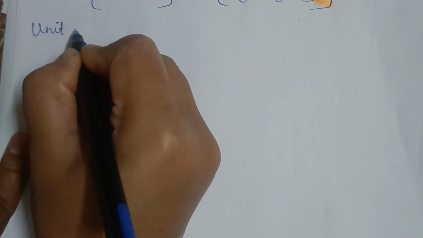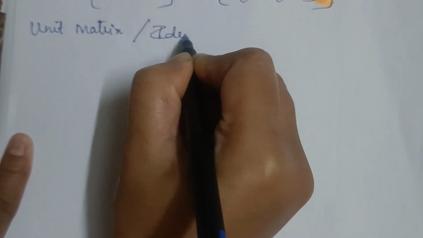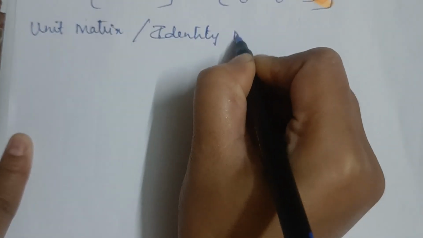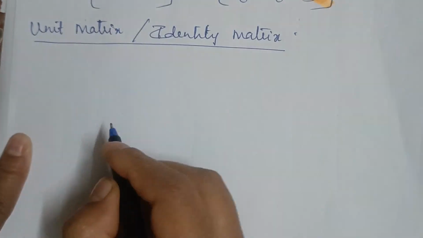Now we will see what is a unit matrix or identity matrix. I'll just write down the definition.